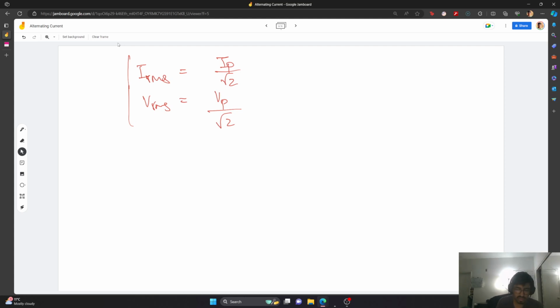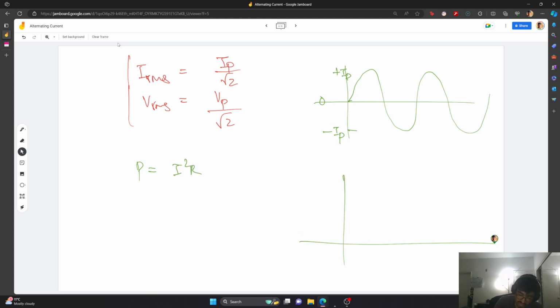So let's just see where this is coming from very quickly. If your current is oscillating like this, above 0 it goes plus and it goes negative, so plus IP and minus IP. For power we need that power is proportional to I square R. So if we square both of these, then the baseline still remains at 0, but this IP point becomes IP square.